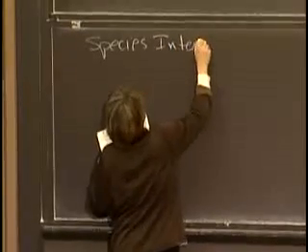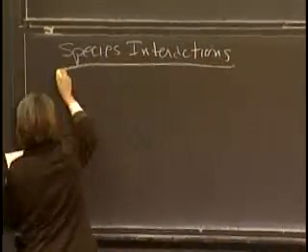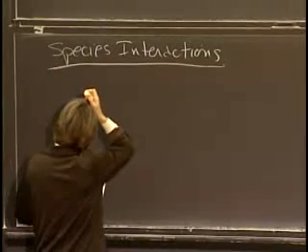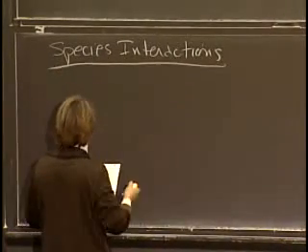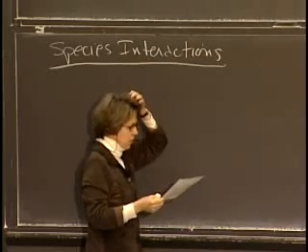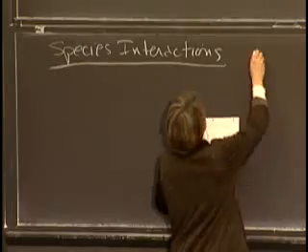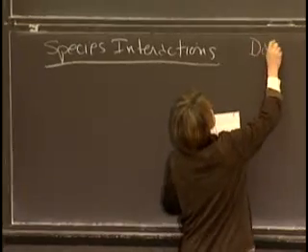Species interactions. So when we talk about species interactions and how they structure communities, we have to first define some terms. One is Darwinian fitness.